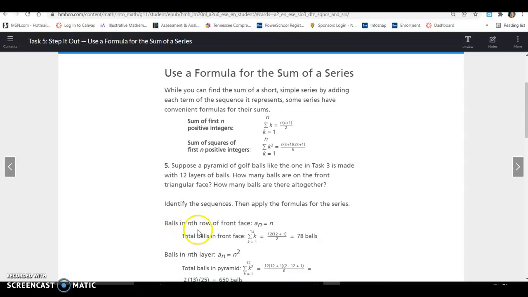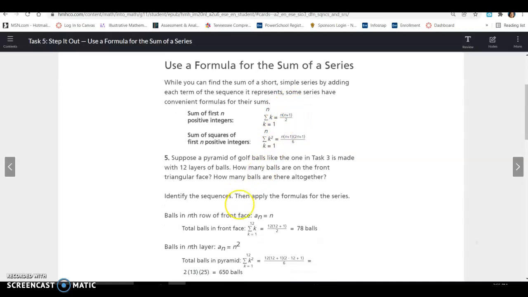All right, so for the balls in the nth row of the front face, we're going to use this first formula here, okay? So we're going to go from 12 layers, from 1 to 12. And basically what this is doing is summing all these numbers from 1 to 12. So 1 plus 2 plus 3 plus 4, etc. This is just giving you a quick formula to use.